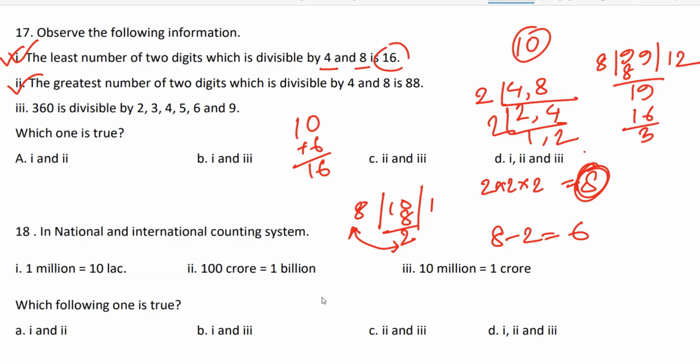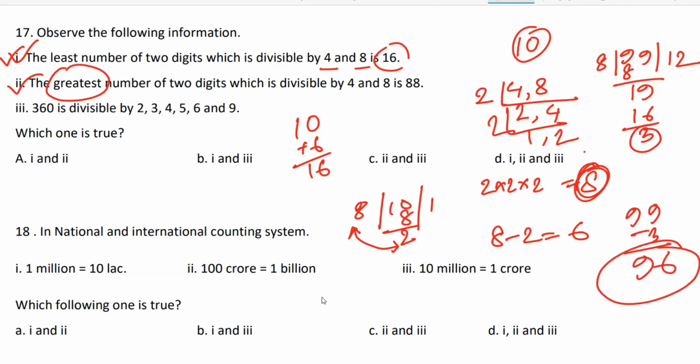For the greatest number, we just subtract the remainder. So 99 minus 3 is 96. 96 is the greatest number divisible by the LCM of 4 and 8, that means divisible by 4 and 8. So this information is not correct. The greatest 2-digit number divisible by 4 and 8 is 96.